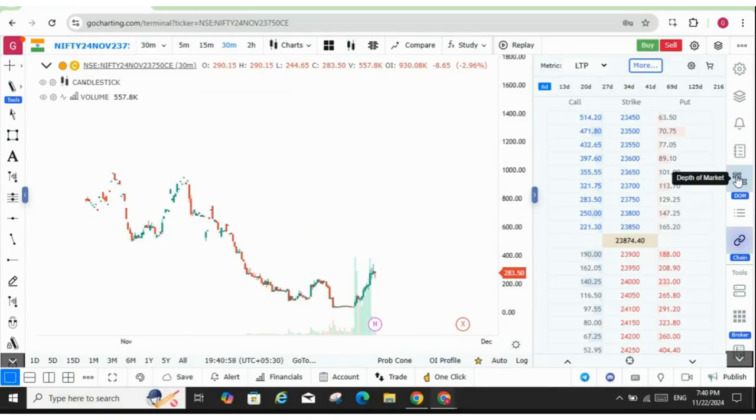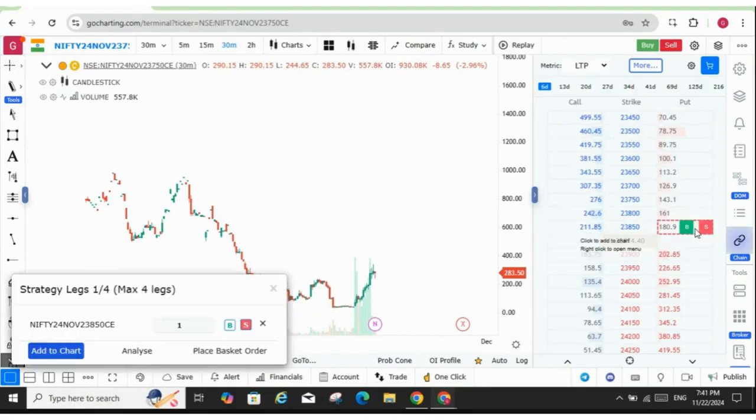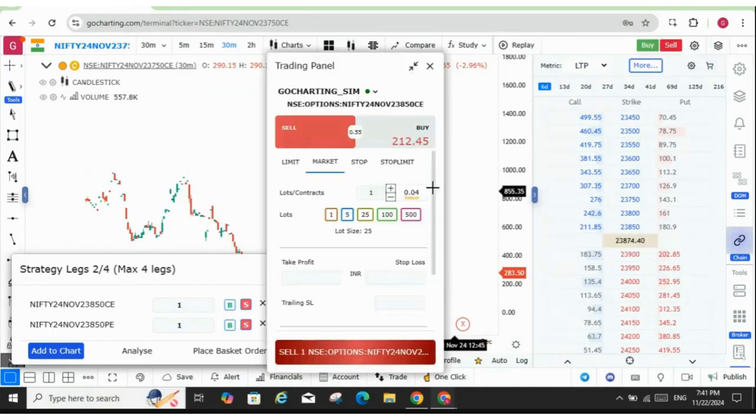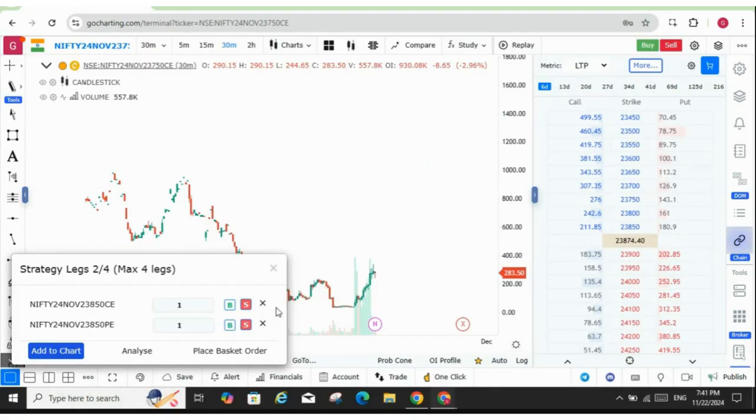Also, there's a very interesting feature, guys. If you click on this basket order here, okay, now what you can do is press sell. If the basket order is not on and you press sell, this window will open. Okay, but if you switch on this basket order, it will create a basket.